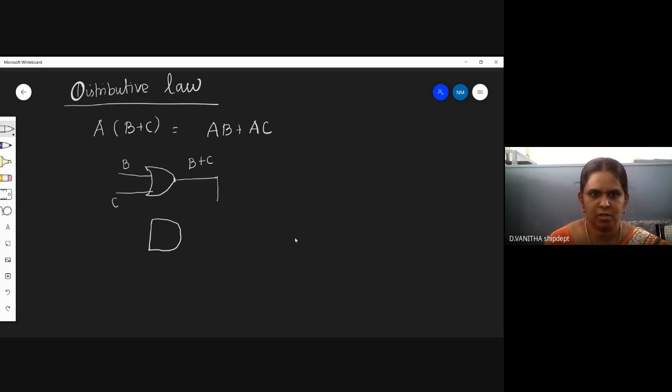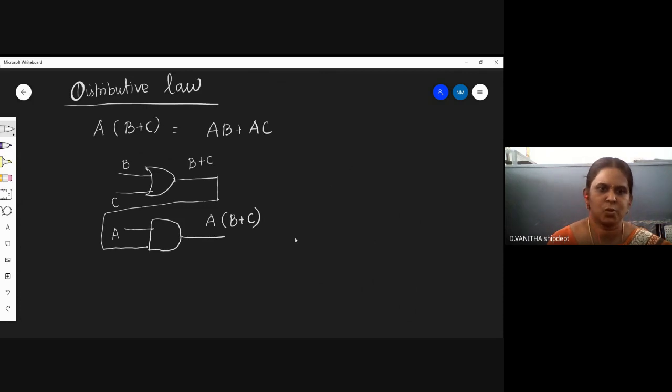You can take A as the first input. The output of the OR gate is taken as the second input. So here we are getting A into B plus C. This is the logic gate diagram for the distributive law. The left hand side of this equation has to be drawn like this way. You have to take two AND gates.